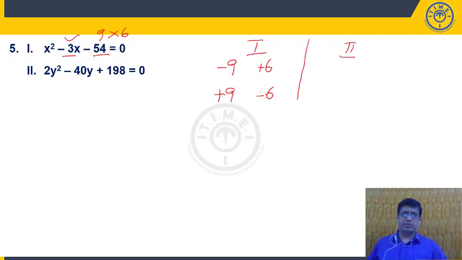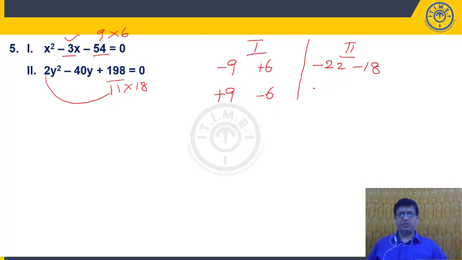Look at the second equation here. So 198 means 11 into 18. 11 into 18 is equal to 198. My dear friends, when you multiply 2 with 11, the result is 22. 22 and 18, when you add these two values, it gives 40 as a result. So what is the discussion here? Minus 22 and minus 18 are the factors.